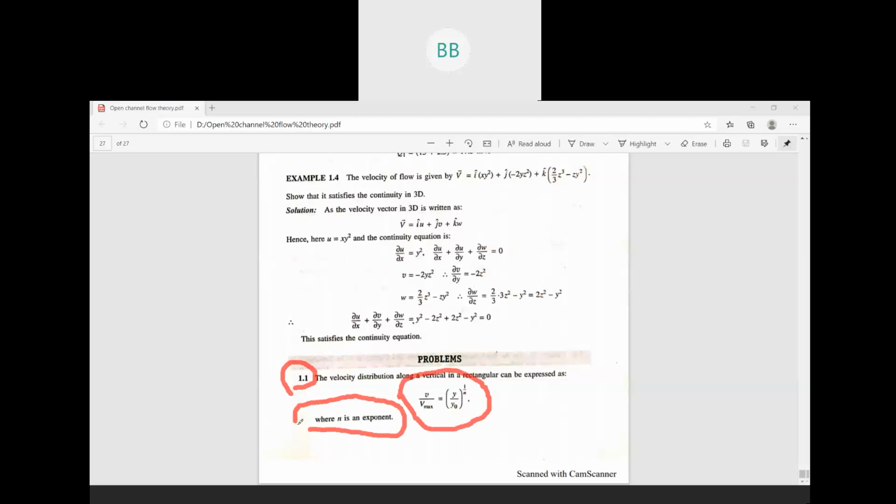So you can write down this question. The solution I will give you as a snapshot or as notes in your WhatsApp group.